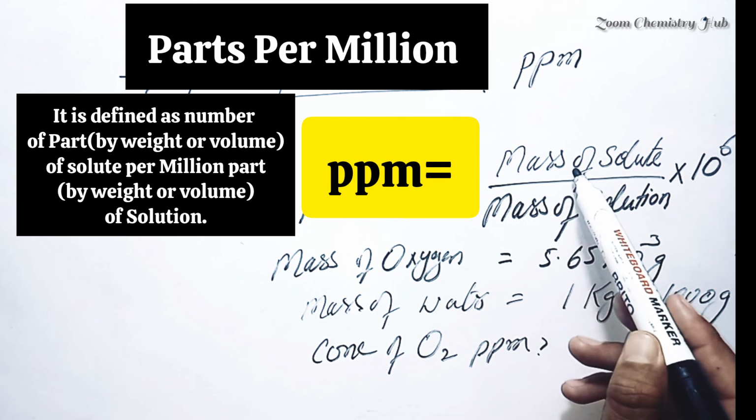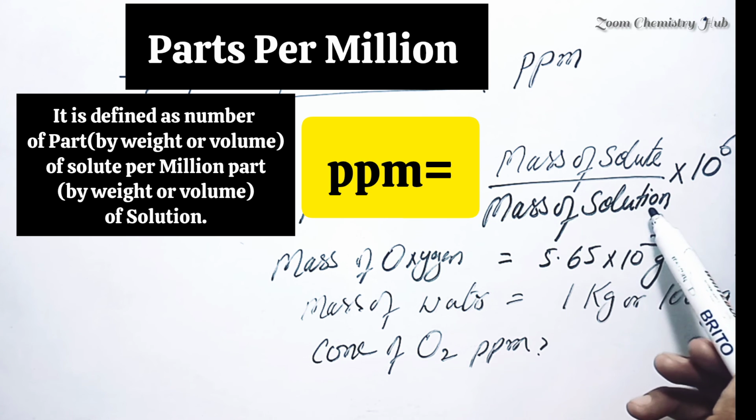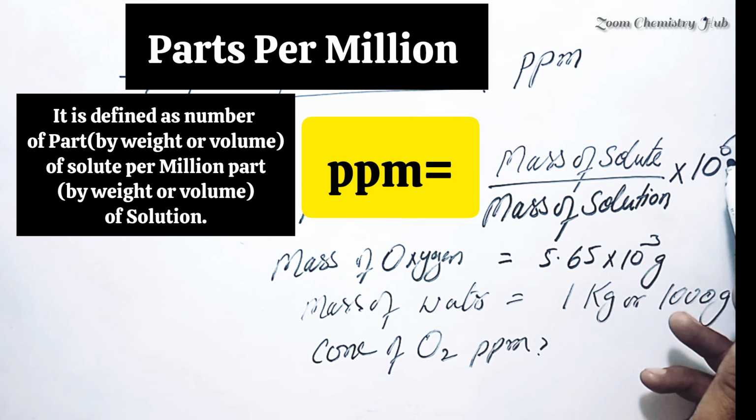Parts per million is equal to mass of solute divided by mass of solution multiplied by 10 raised to power 6.